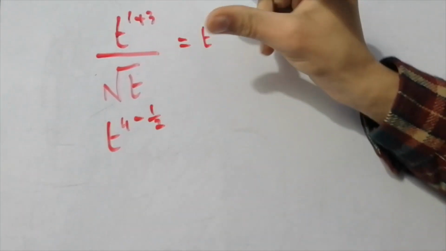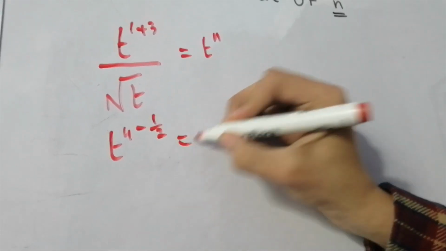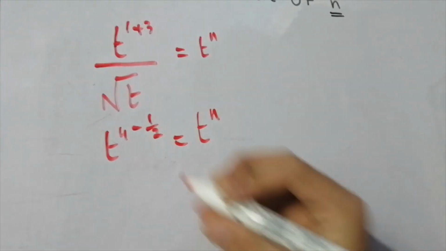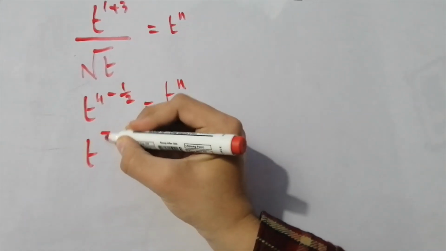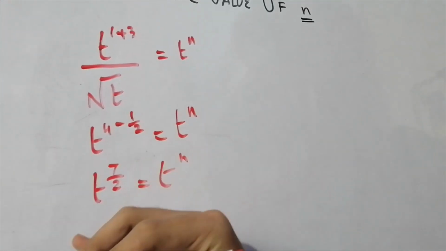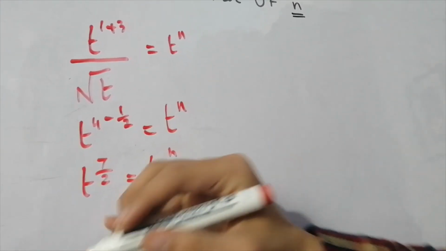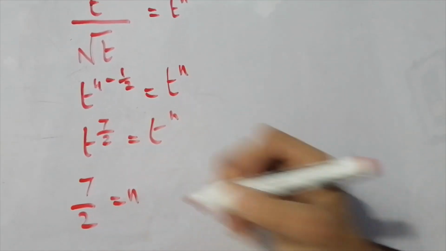So I've basically simplified this whole thing into this, equals t power n. So 4 minus 1 over 2 is 3.5, it is 7 over 2. So t power 7 over 2 is equal to t power n. Again, since the base numbers are the same, we can cancel them out, and we're left with 7 over 2 equals n, and that's our answer.